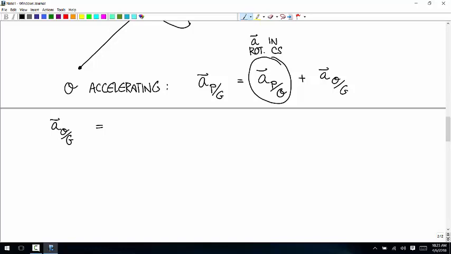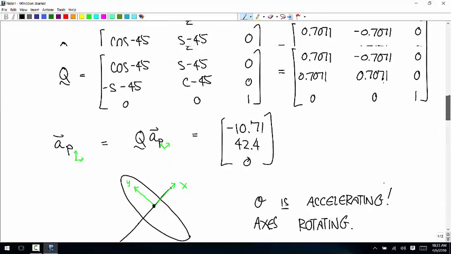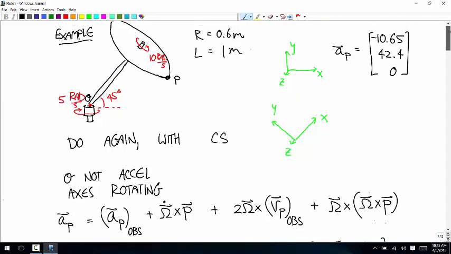So, acceleration of the origin relative to the ground. What's the origin doing? It's in a circular motion. The center of the circular motion is, so it's going around like this, the center of the circular motion is 1 times cosine of 45.